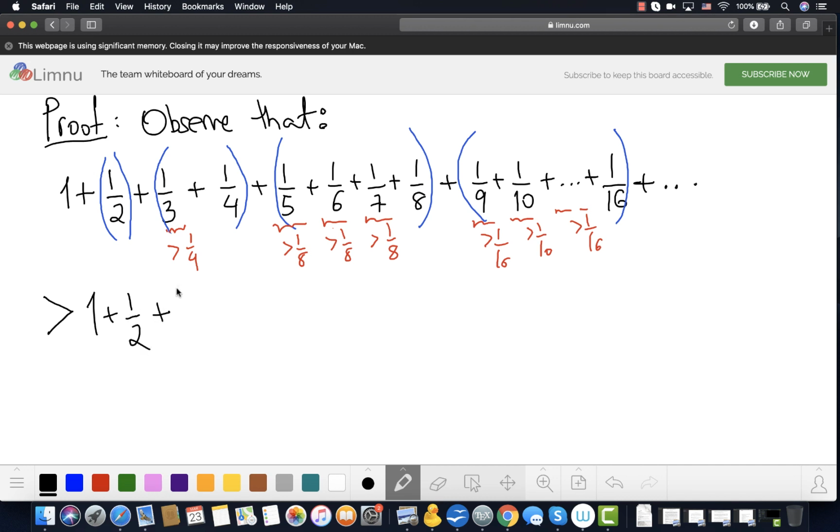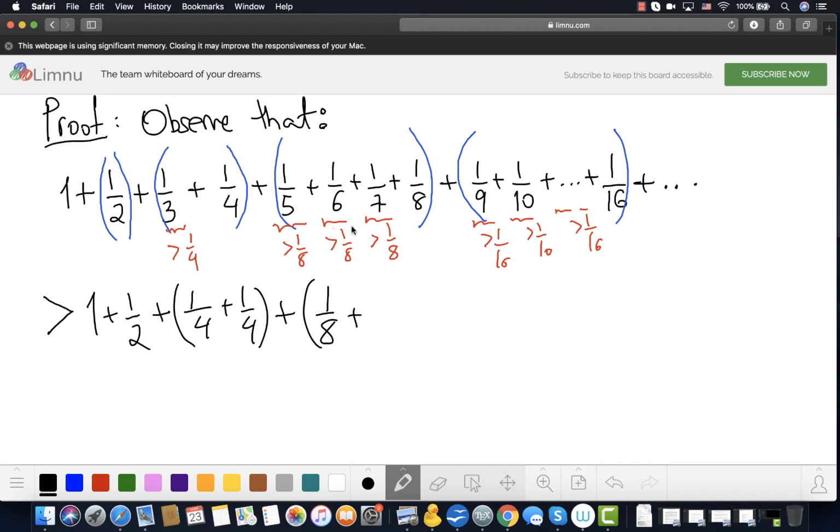Now plus 1/4 plus 1/4, because 1/3 is bigger than 1/4, so I can replace this 1/3 with 1/4 because I'm putting a greater than sign here. And certainly I can also replace 1/5, 1/6, 1/7 with 1/8.